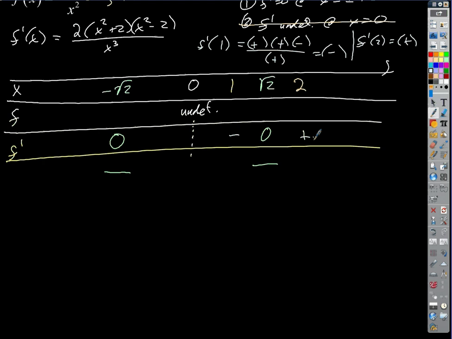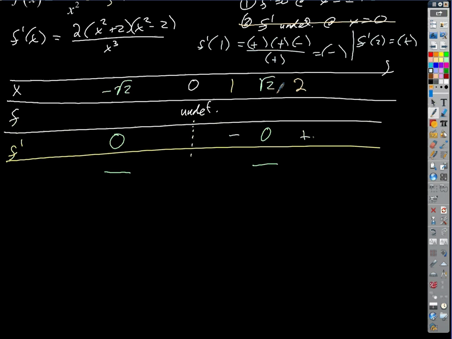Well, one thing I can say then is that one interval where this function is guaranteed to be increasing is all values of x greater than radical 2. How do I know it's not going to transition and become negative somewhere else? How can I be so sure? No more critical numbers, right? All extrema are found at critical numbers.